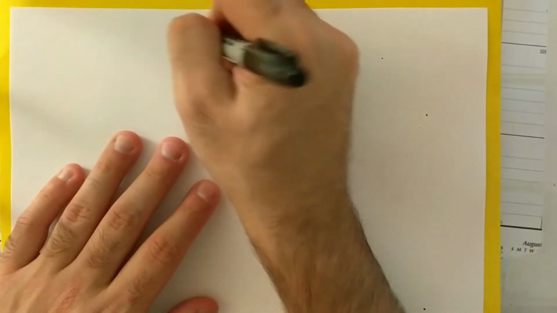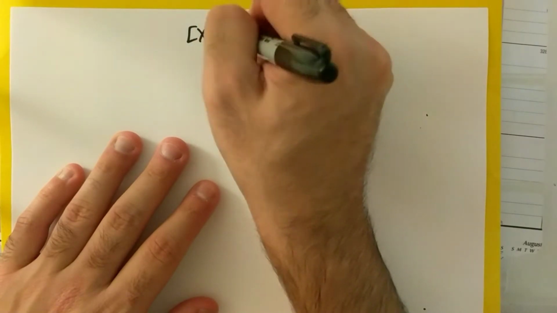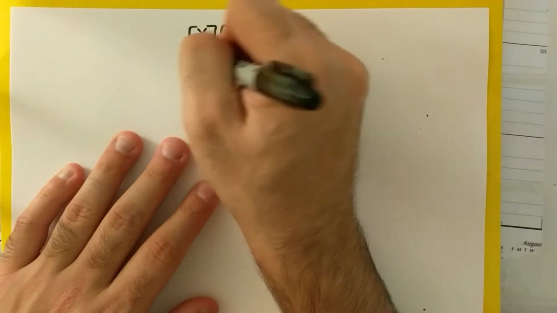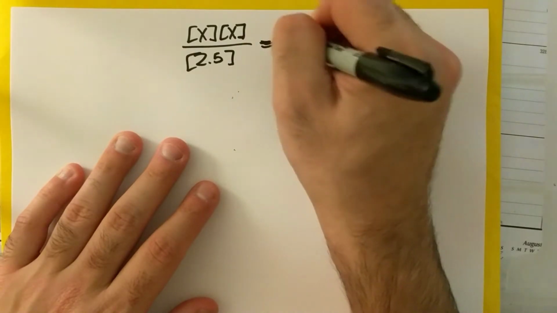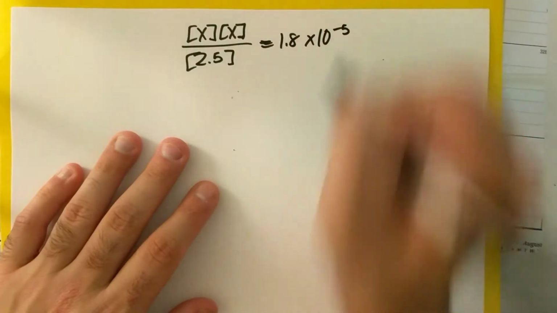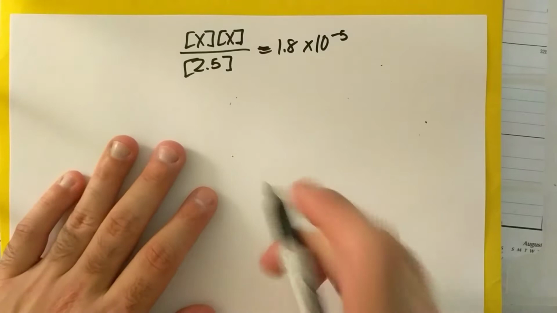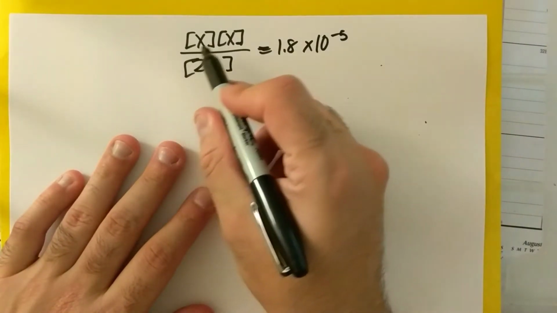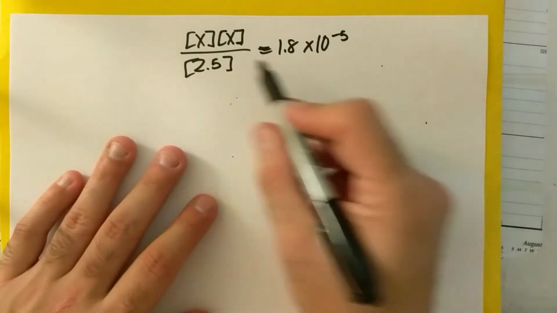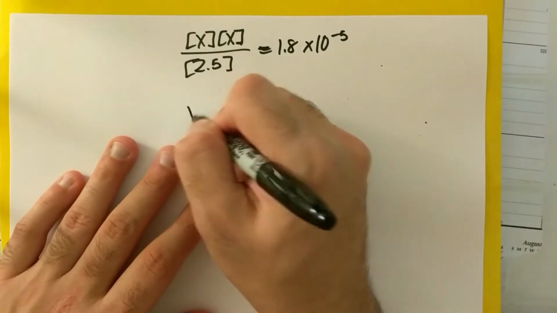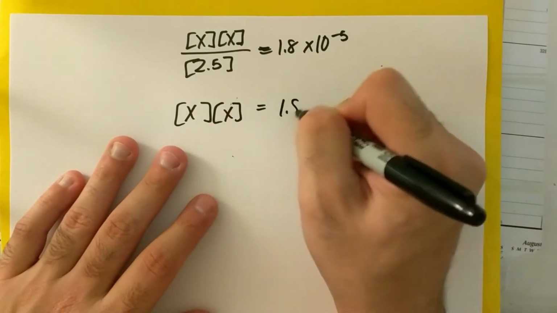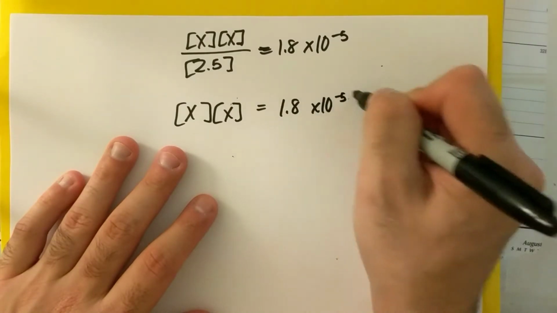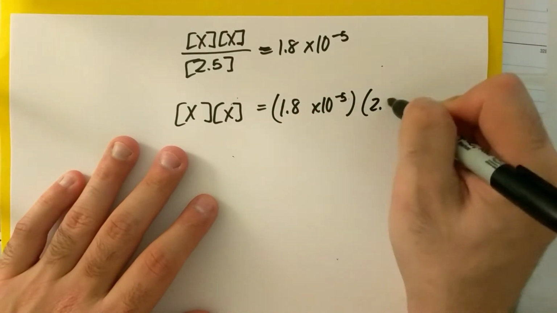So I had X times X all over 2.5 equals 1.8 times 10 to the minus fifth. I'm going to solve for X. So I could multiply both sides by 2.5. So I'll have X times X equals 1.8 times 10 to the minus fifth times 2.5.